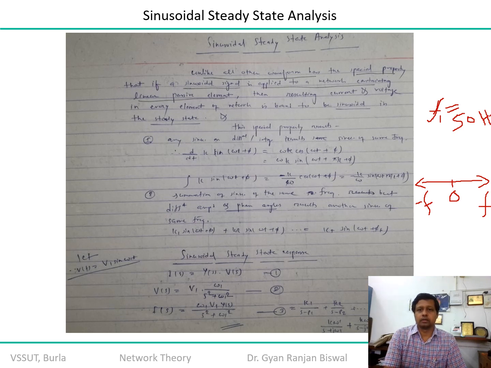In that case, this f1 is different from 0, so there will be one spike, one delta function, you will get here, and the pair of this delta function you will get on the other side. So this one is plus f1, and this point is minus f1.